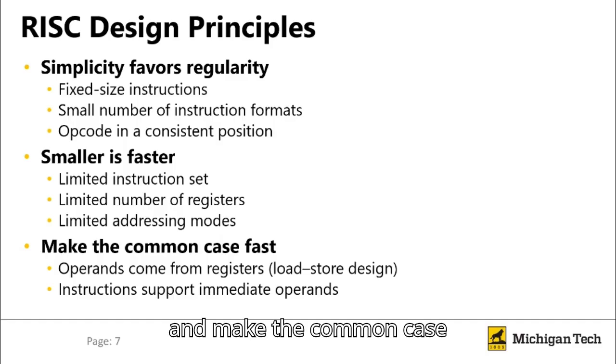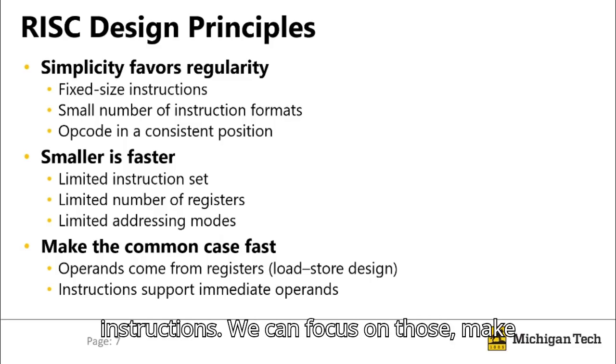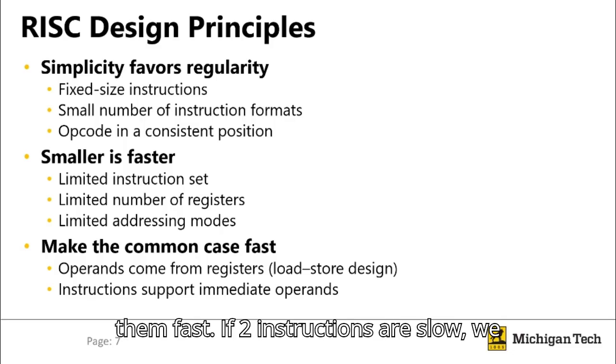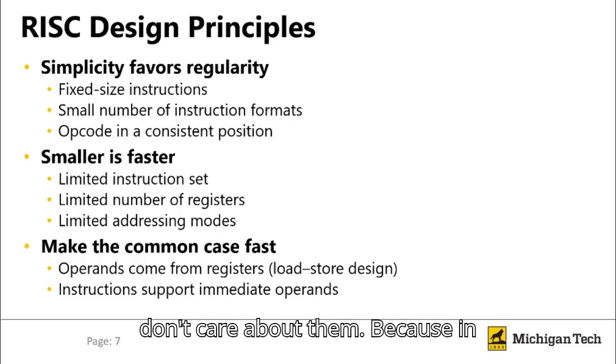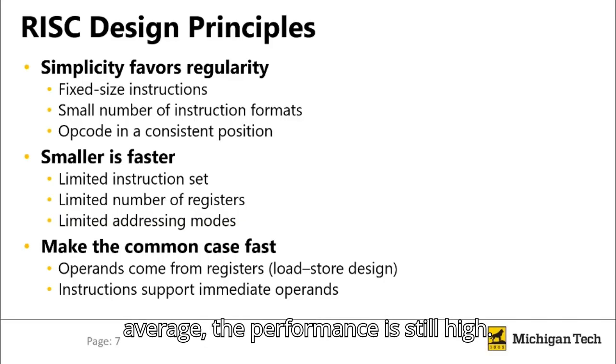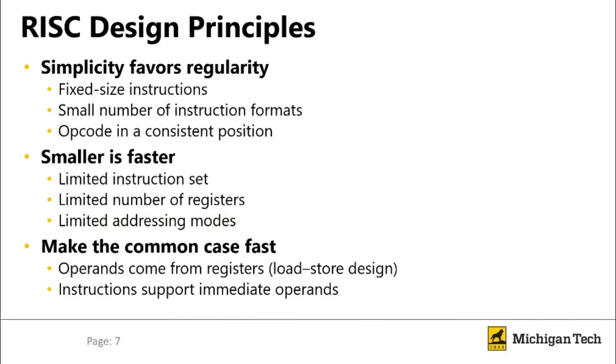And make the common case fast. That means most instructions are register instructions. We can focus on those and make them fast. If 2 instructions are slow, we don't care about them, because on average the performance is still high.